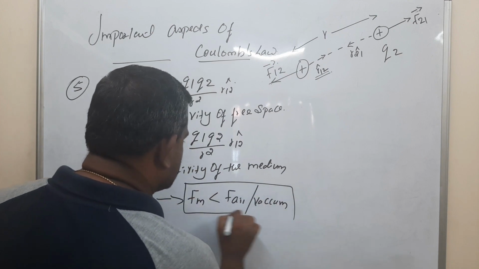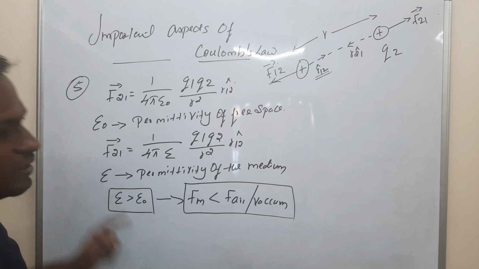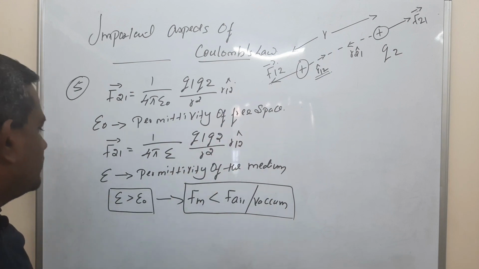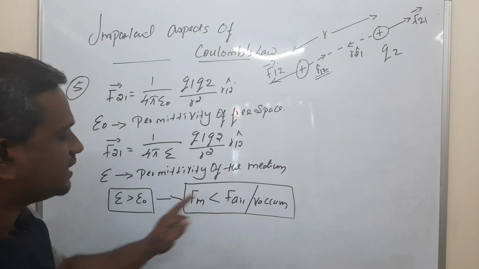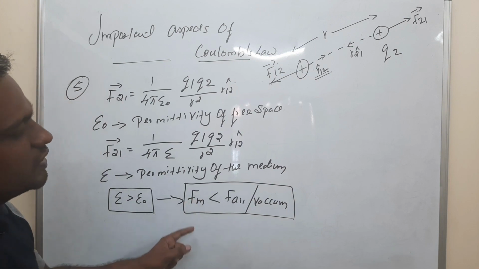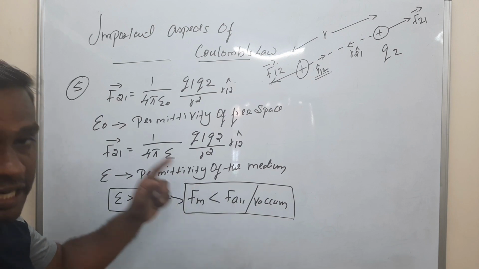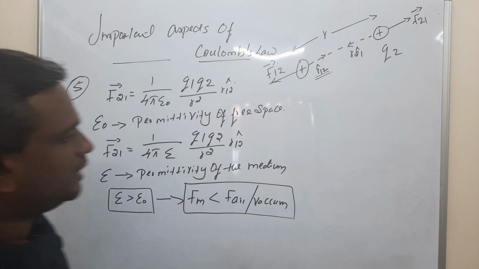You have to keep this in mind. The permittivity of the medium is always greater than the permittivity of free space or air or vacuum. Since it appears in the denominator, when charges are placed in a medium the force will always be less than when they are placed in air or vacuum.